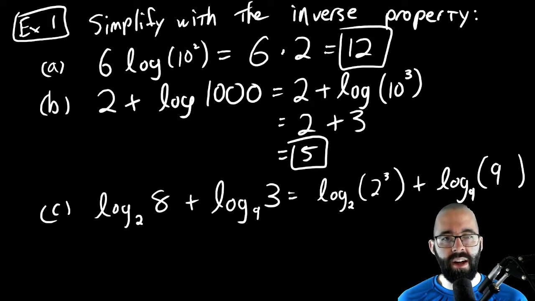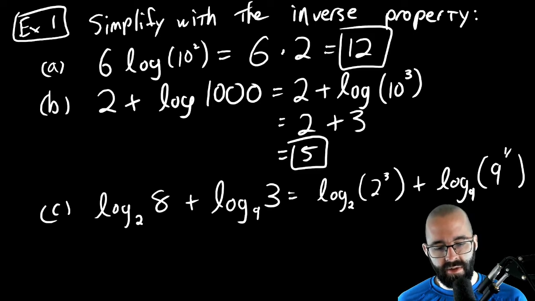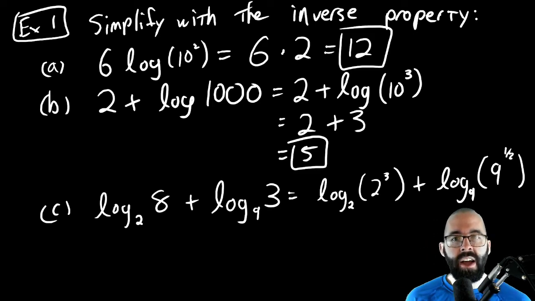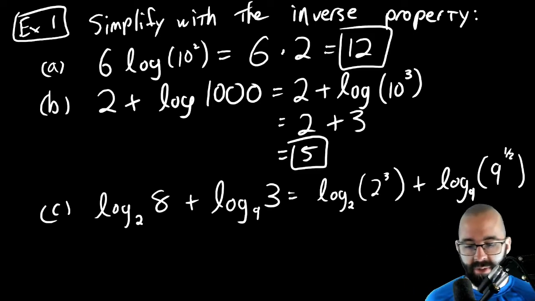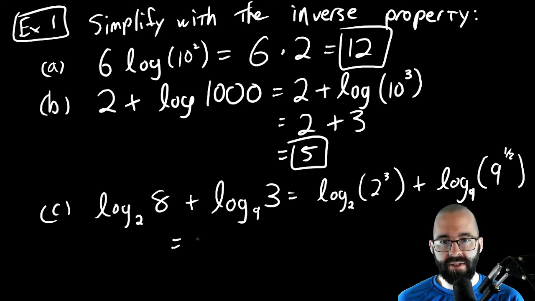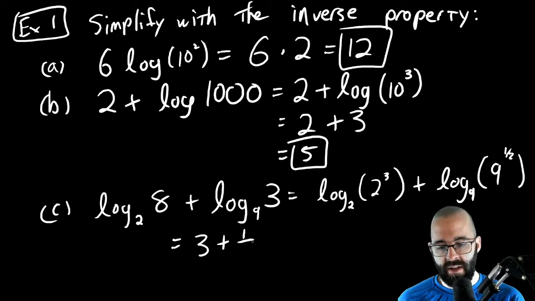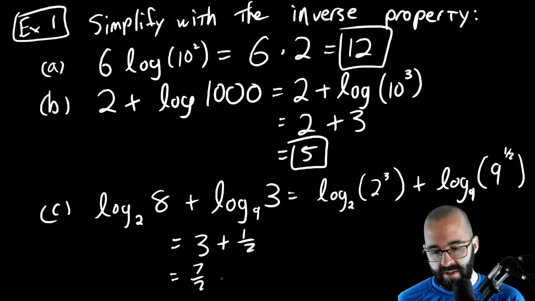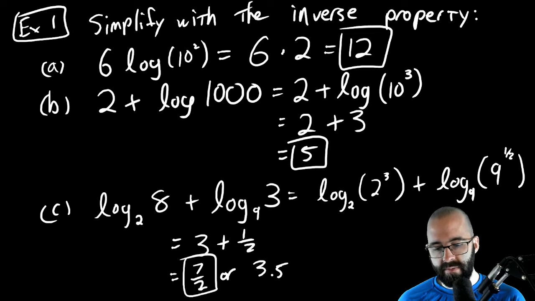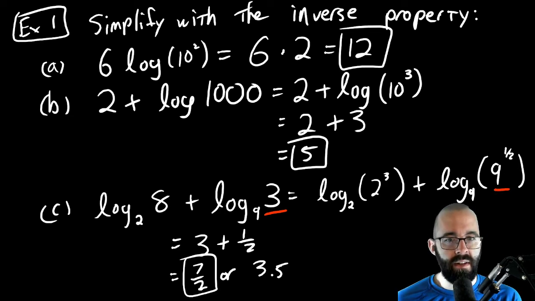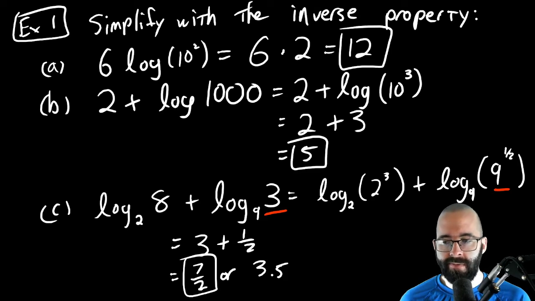The square root of 9 is 3. So 9 to the 1/2 power. Watch out for those fractional exponents especially. And then we get cancellation and we'll just get 3 plus 1/2. That's going to be 7/2 or 3.5. All right, this step specifically in this one can be a little tricky. We're just rewriting the 3 so that we can use this inverse property.